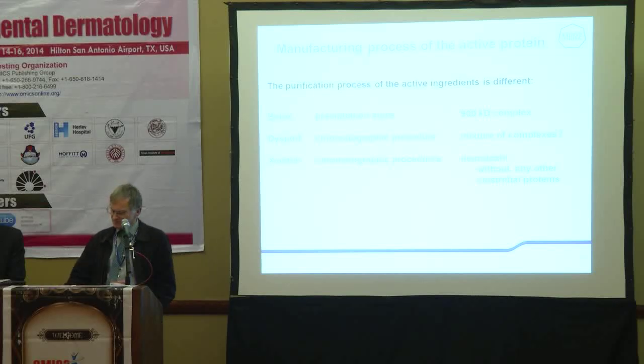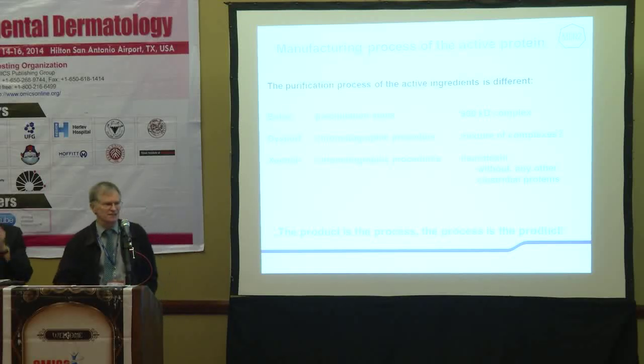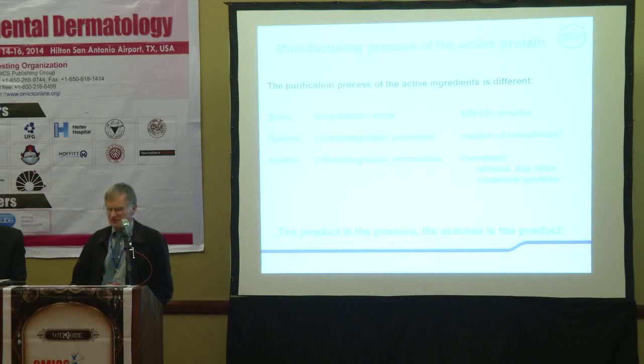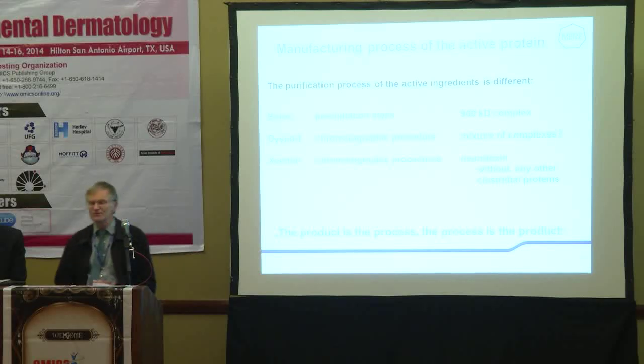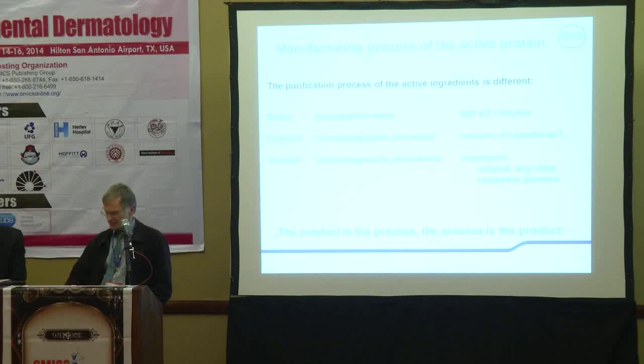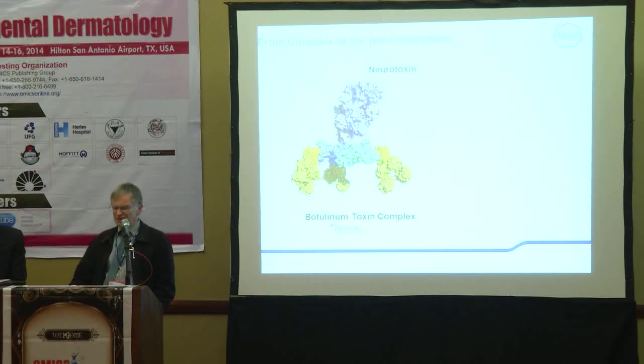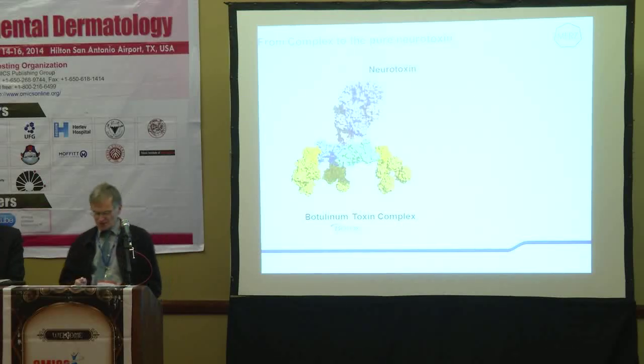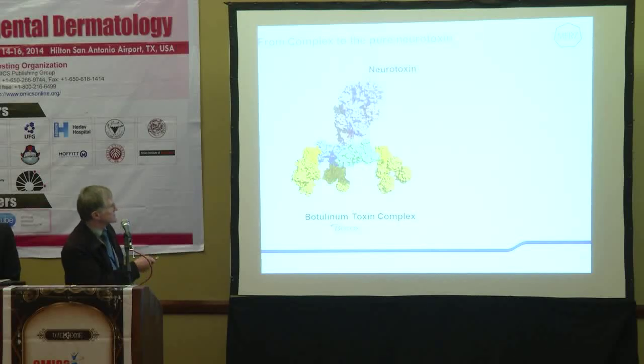Well, there is a saying in biotechnology that the product is the process, or the process is the product. That means the structure, the activity and other properties of biological products are determined or influenced by the process itself. This shows you the structure of the botulinum toxin complex, which is in Botox. You see different proteins.